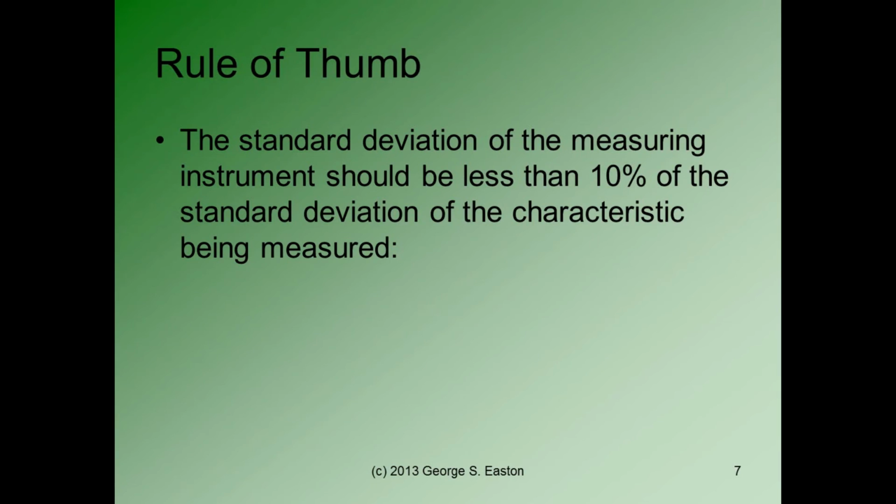Now, there's a rule of thumb with respect to the variation in measurement that is very central in understanding what we're going to do later in terms of trying to assess whether or not a measuring instrument is sufficiently precise. The rule of thumb is that the standard deviation of the measuring instrument should be 10% or less of the standard deviation of the characteristic that you are measuring.